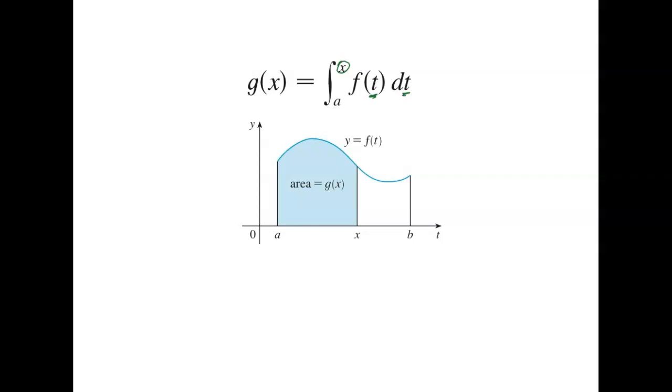The way you can think of it, pretend x is a value on the x-axis that falls between a and b. As I increase x from a to b, this area is going to accumulate, right? So g is something we refer to as an accumulation function.